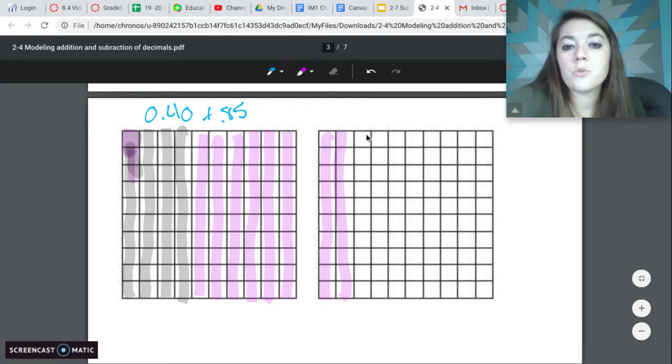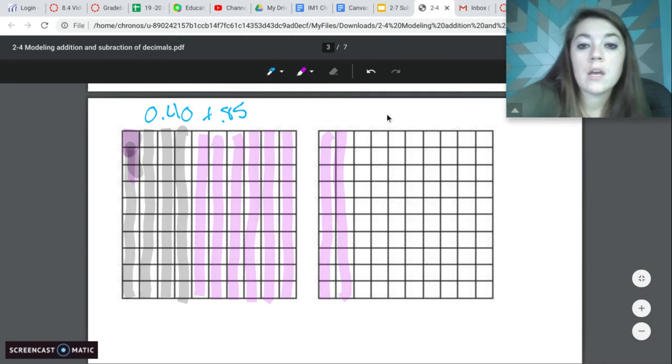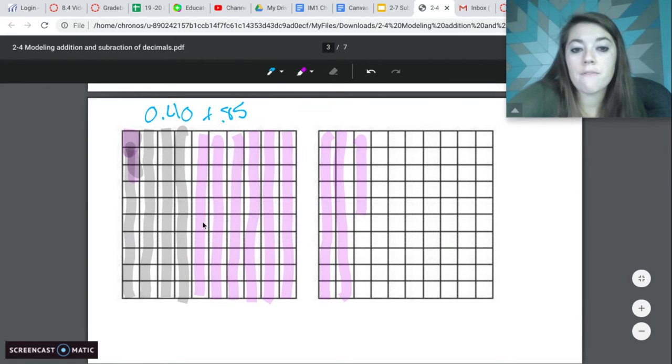So each individual box on our grid represents 100 because these are 100 grids. So we're going to do 1, 2, 3, 4, 5. So this represents 85. The pink ones here represent 85 cents, and then these gray ones are representing the 40 cents.